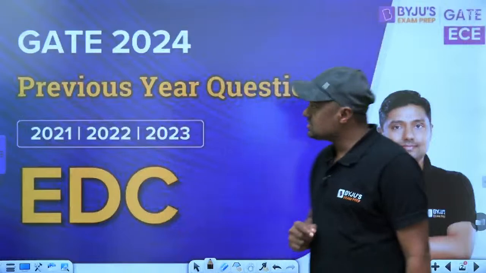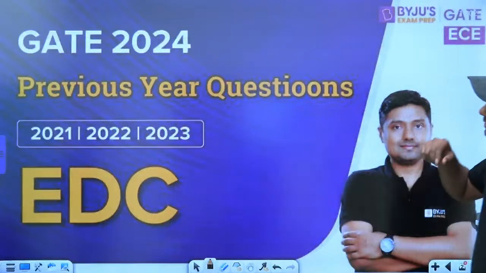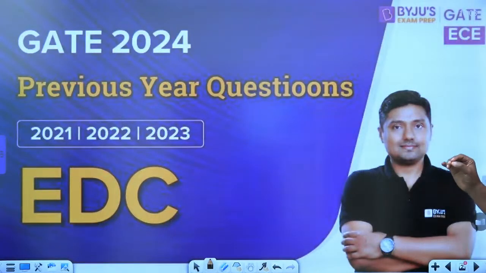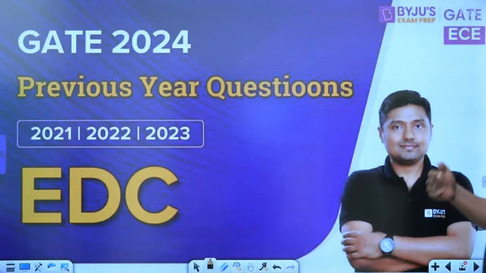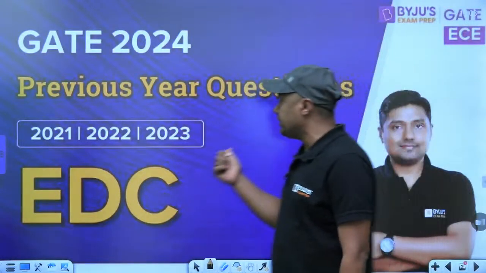This is Sanjay Rathi. Today we will discuss some important numericals from EDC, that is electronic devices and circuits. This is a PYQ series, covering questions from 2021, 2022, 2023. Why? Because it is based on the latest pattern and you will get an idea about MCQ, MSQ, numerical answer type questions and what the level of the questions is.